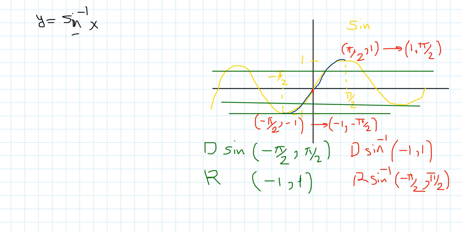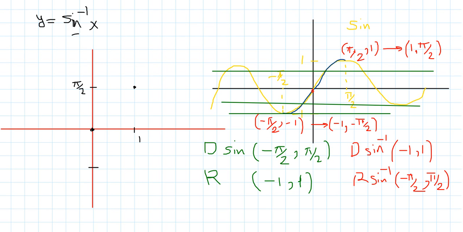Let's draw the graph. I told you for sine inverse we should change the x and y of a point. So 0 and 0 stays itself, and pi over 2 and 1 changes to 1 and pi over 2. Suppose that here is 1, here is pi over 2. Easily I found this point, 1 and pi over 2.